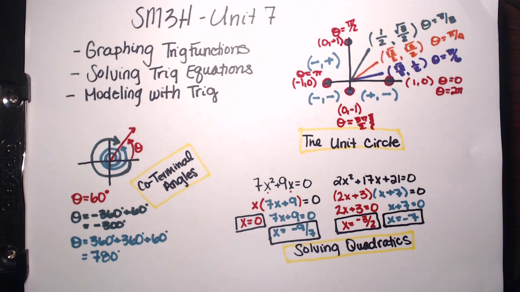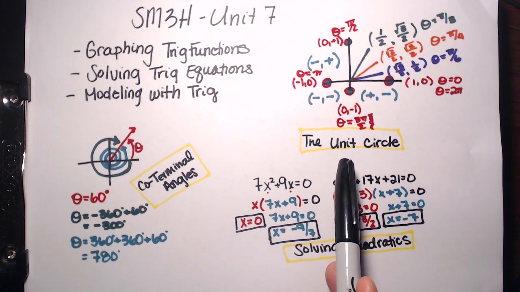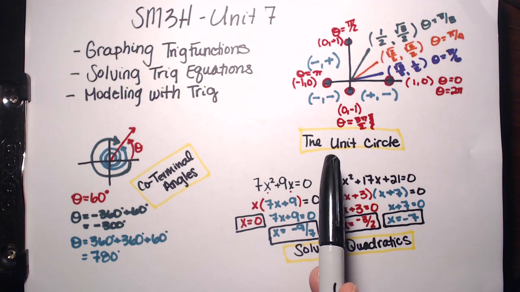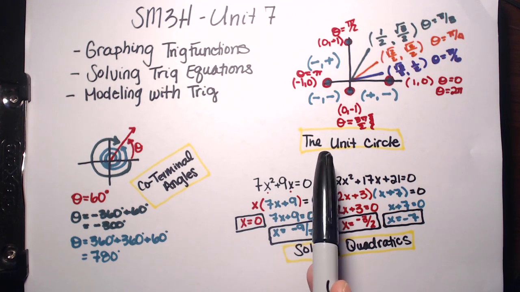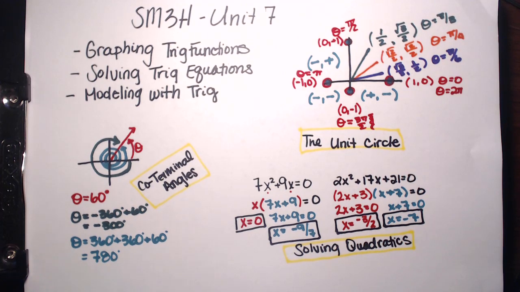A couple things that you need to make sure that you know before going into Unit 7, from previous units: you have to know the unit circle. If you do not know the unit circle enough to use it going backwards and forwards, then you're not going to be able to do this unit. You have to do coterminal angles.